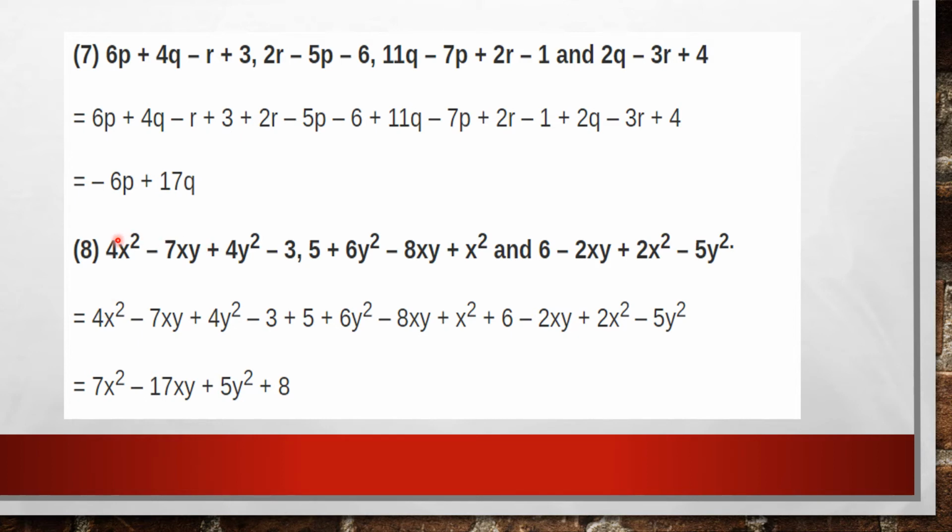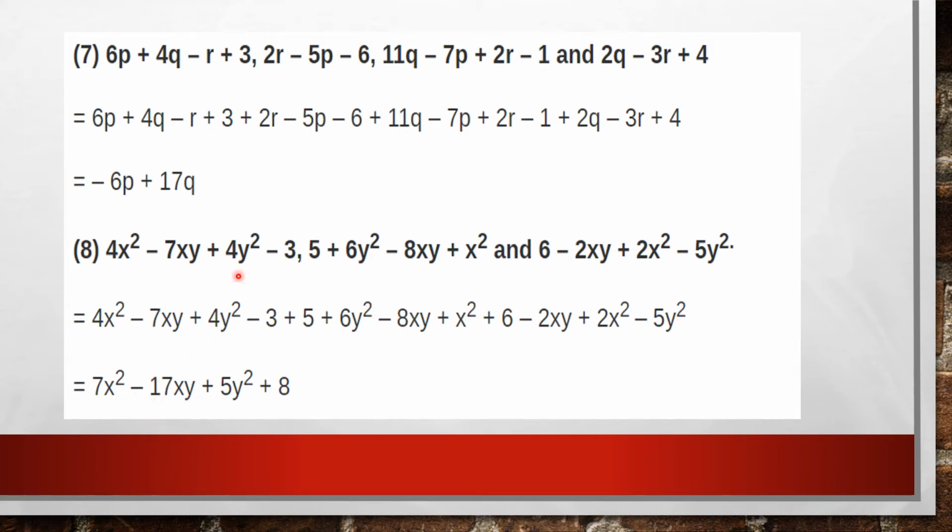Here x squared, here x squared. Both are positive, so 5x squared along with 2x squared, we get 7x squared. Minus 7xy, here minus 8xy, so it is minus 15xy, and then minus 2xy, so the answer is minus 17xy.